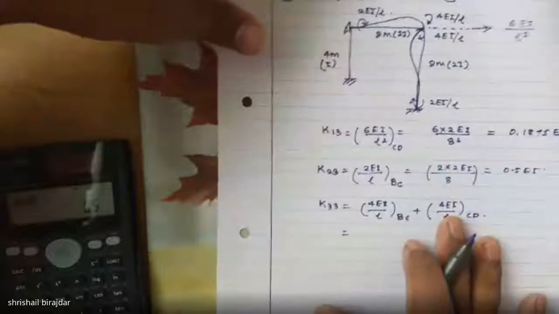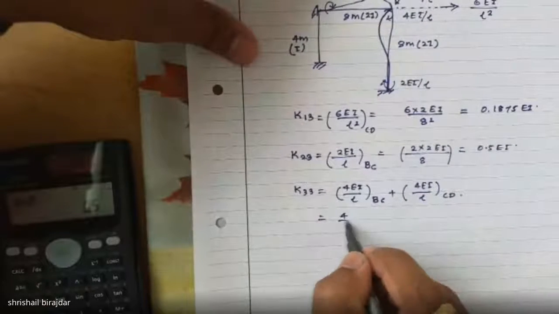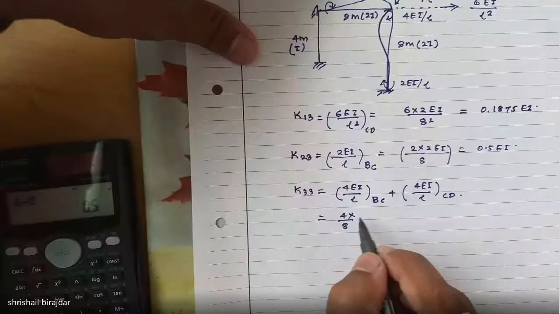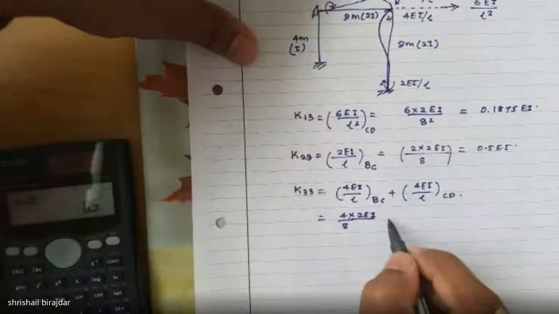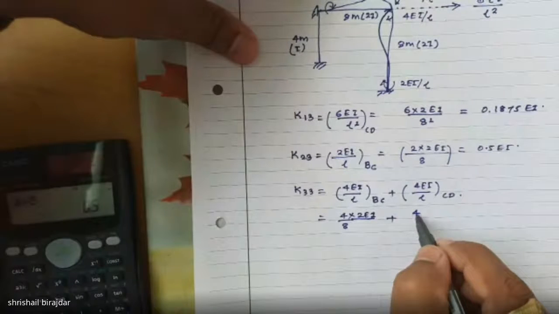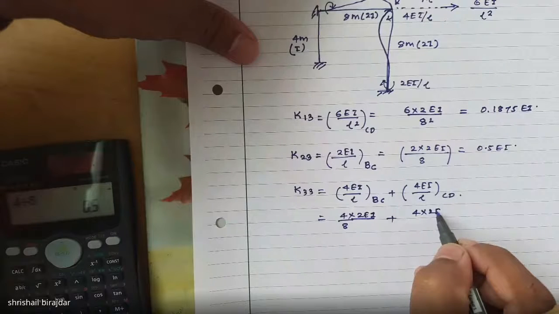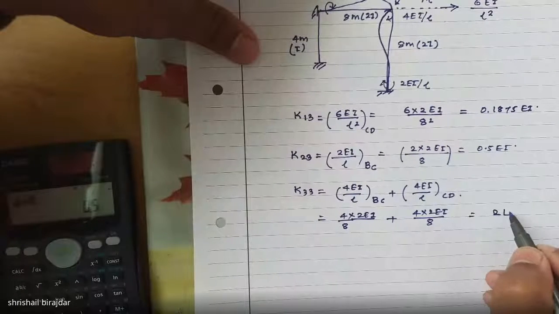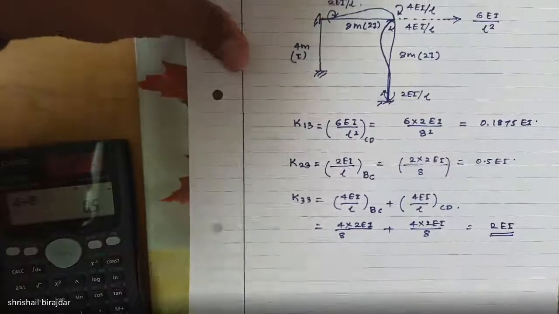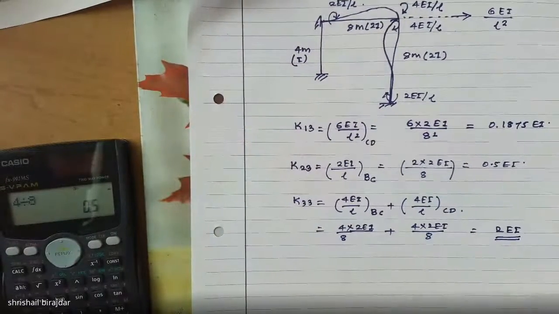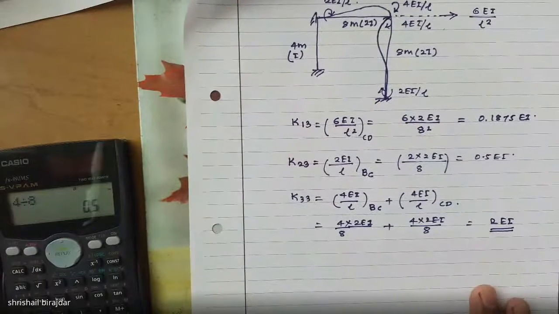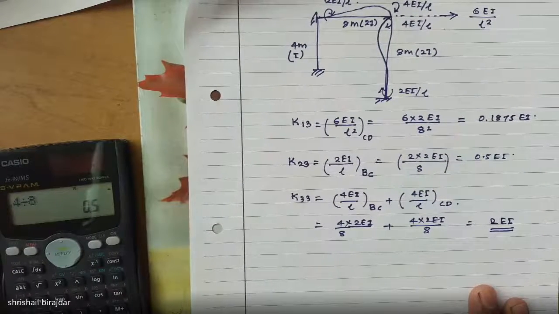For BC, 4 divided by L equal to 8, EI equal to 2 EI, plus 4 multiplied by 2 EI equal to 8. How much does it work out to be? Equal to 2 EI, exactly the same as what we worked out here. Is it correct? Yes, sir.